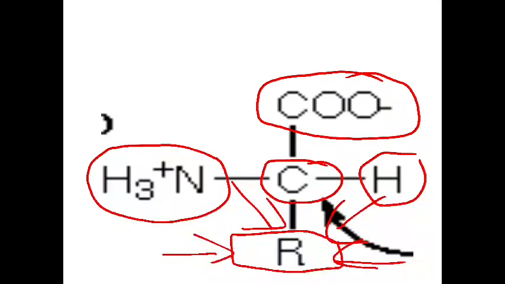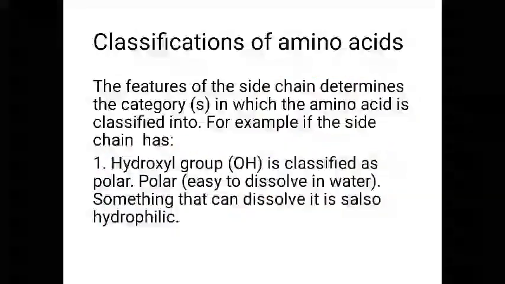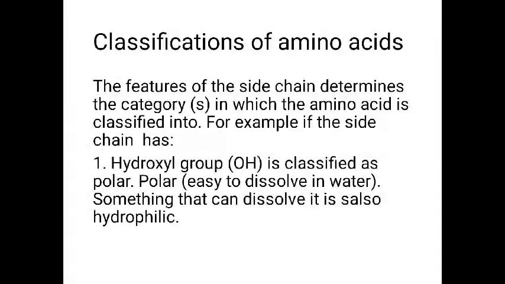The functional group on this R group, which is the side chain, specifies where the amino acid is categorized. For example, we have this hydroxyl.